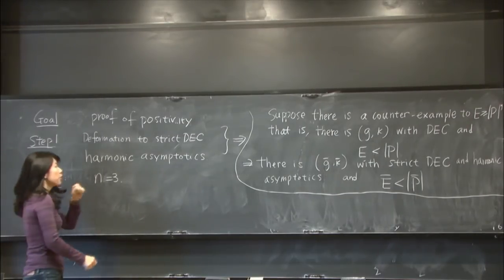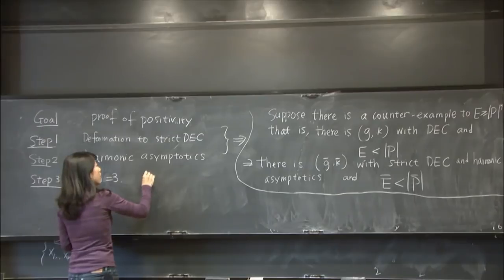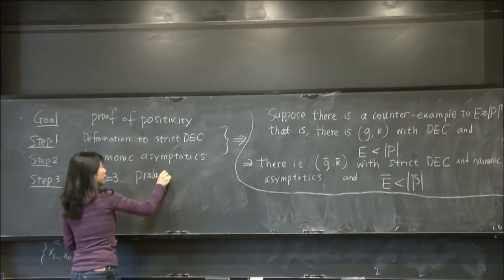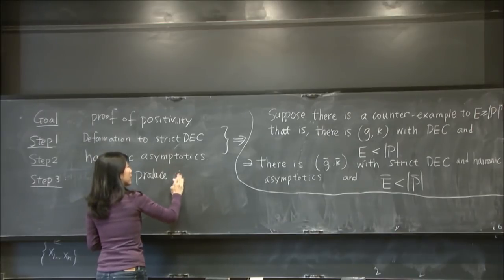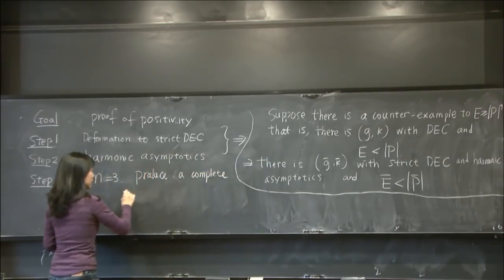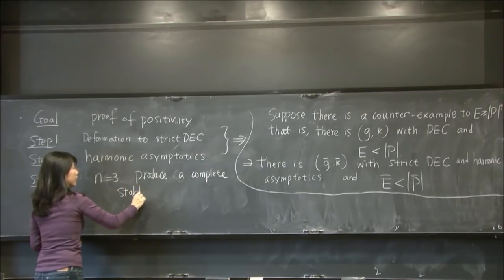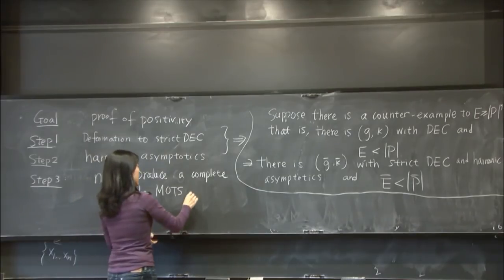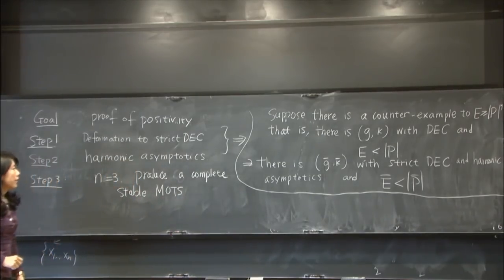So in the 3-dimensional case, we will produce a complete stable MOTS. Right? So we will define what the stability is for MOTS. It's very similar to the minimal surface stability.